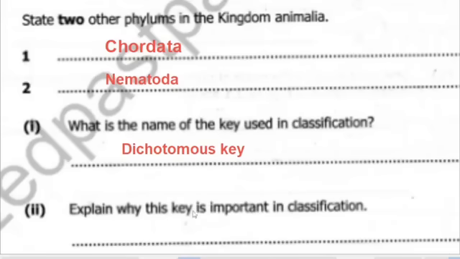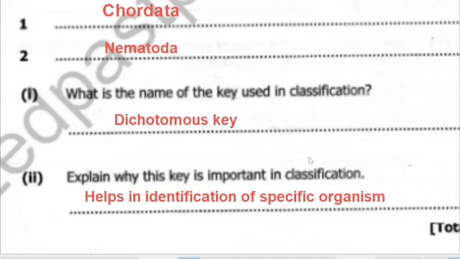It helps to identify to which specific group, class, phylum, or kingdom organisms belong. So we are going to write our answer as: the dichotomous key is important in classification because it helps in identification of specific organisms.